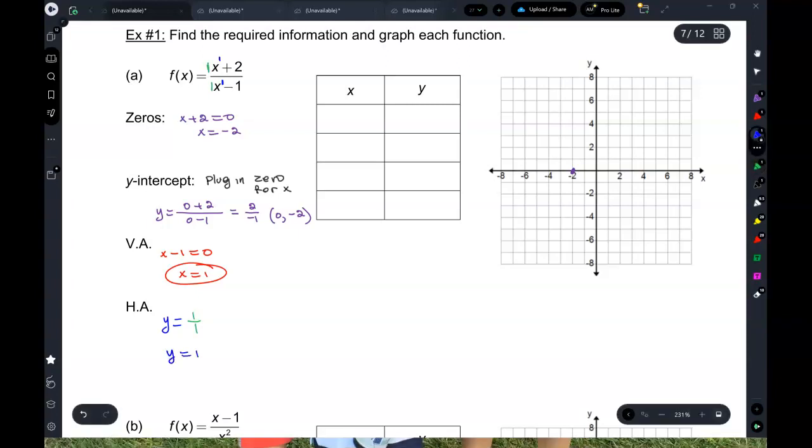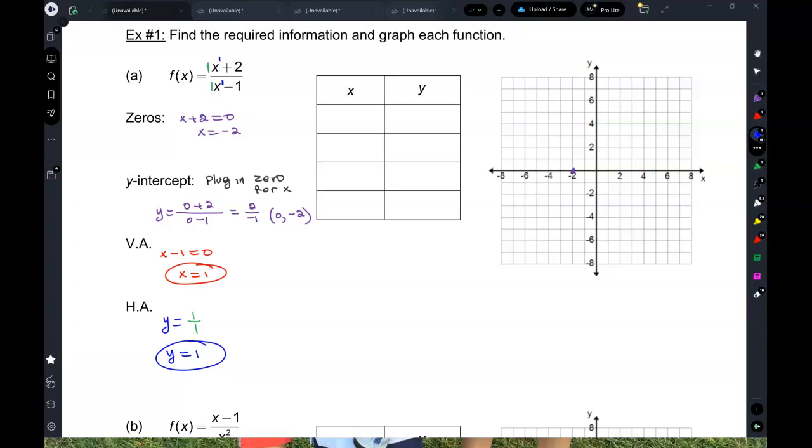So it's y equals 1. The exponents here are the same. That means I need to take the coefficients and set them over each other.